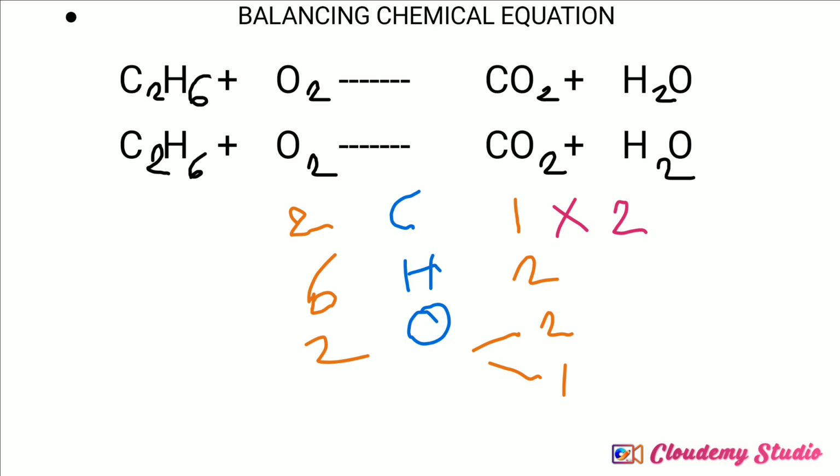Therefore, this 2 has to be written as a coefficient of carbon dioxide. When we are multiplying this 2 by this carbon dioxide, oxygen atom will change at the right hand side. Now 2 times 2, 4. Previously it was mentioned 2, but now the 2 has changed into 4.